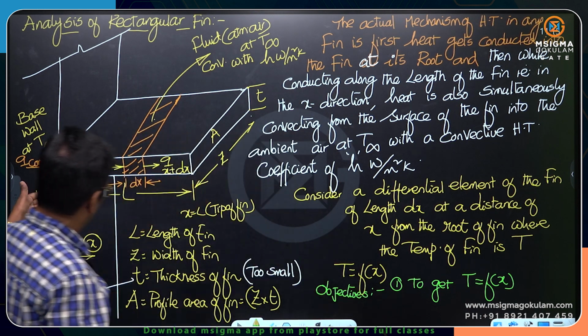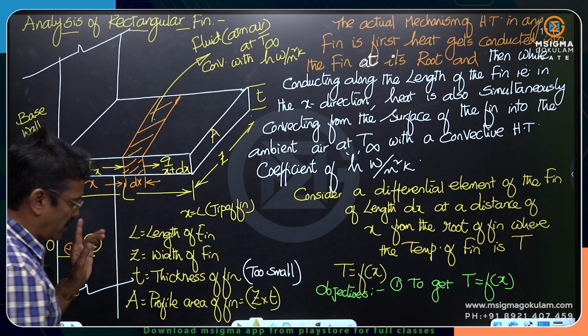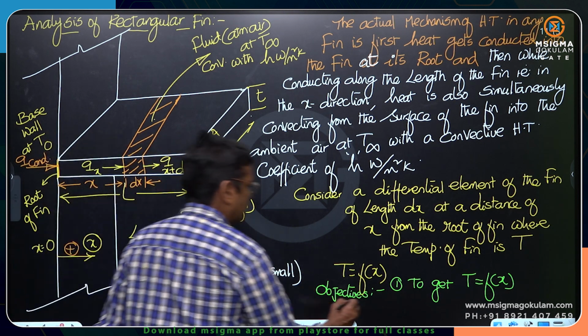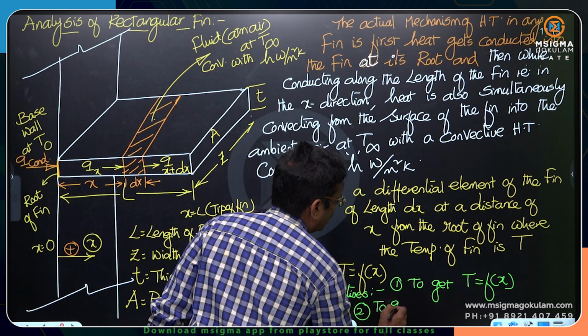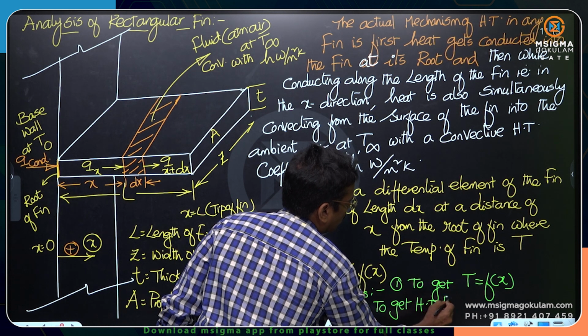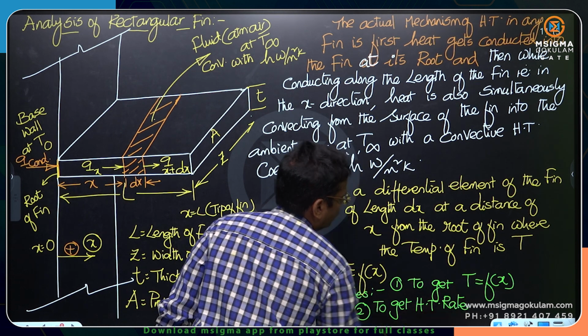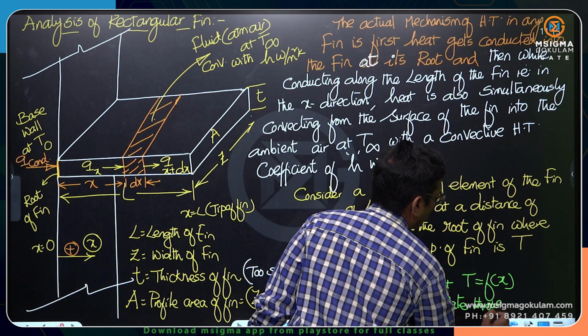Temperature is varying from the root to the tip, temperature is decreasing. Second objective is to get heat transfer rate through the fin. How much heat is lost through the fin per second? Heat transfer rate through fin.